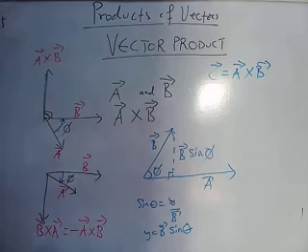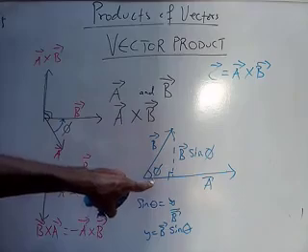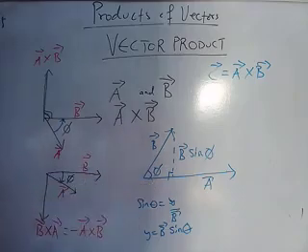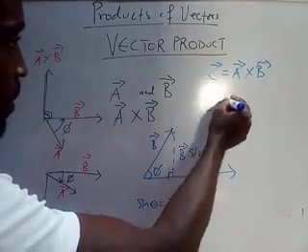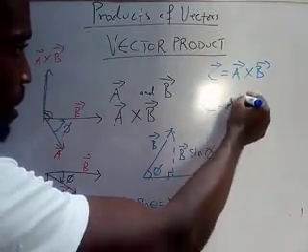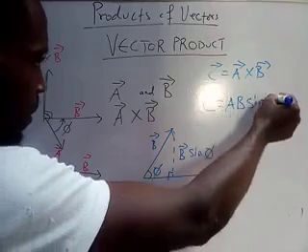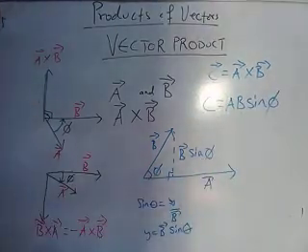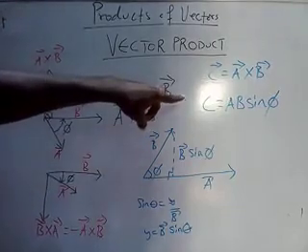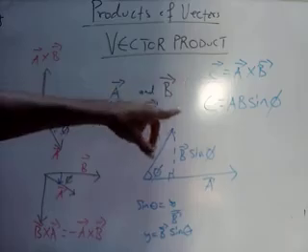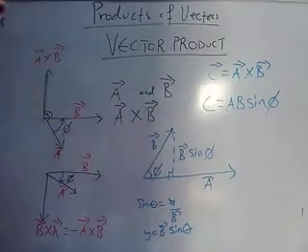So what does it mean? So now, bringing this into it, C is equal to what? AB sine phi. So that is the magnitude of the vector, which is what?